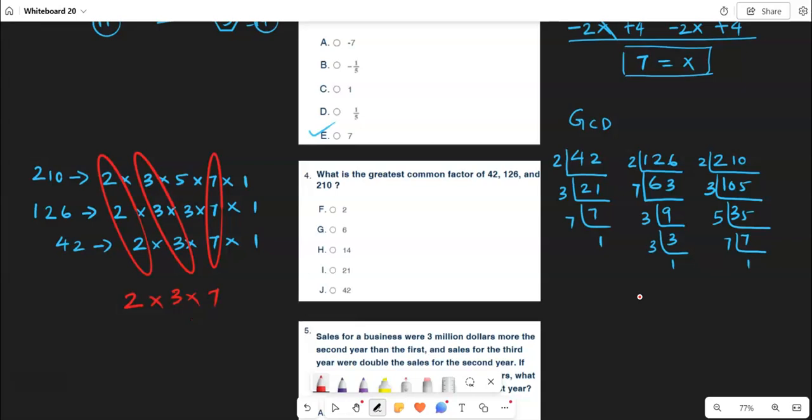So find the product of these three: 7 times 3, 21, times 2 is 42. That is the greatest common factor of these three numbers. So we have 42 there. Yeah, the last option, that's the right answer.